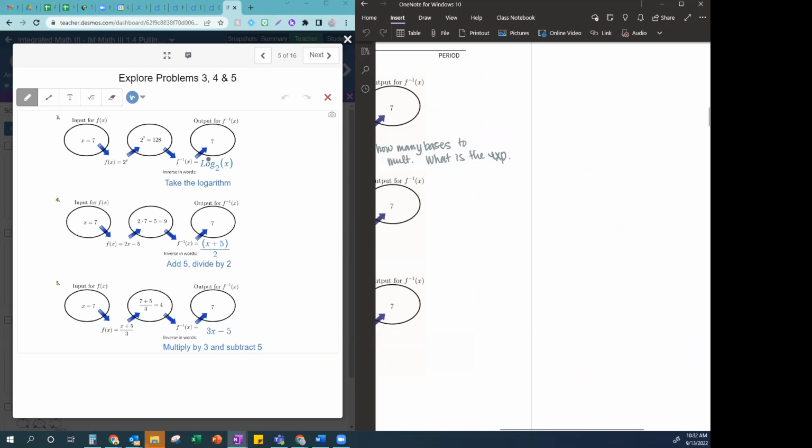And that's what the log base 2 of x is. So let me write it here just because it's not working. There it goes. So if you have a to the x equals b, that is the same as, in a different language, log base a of b equals x.